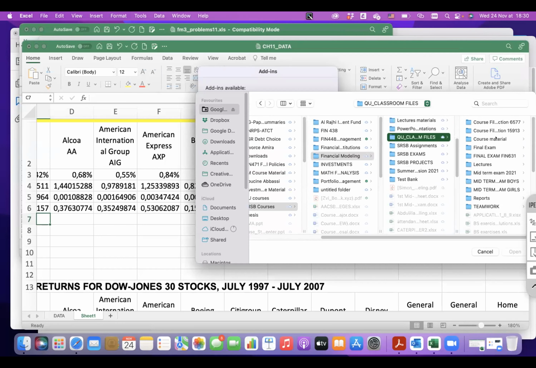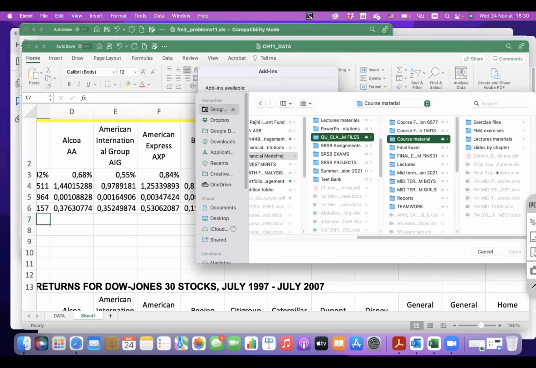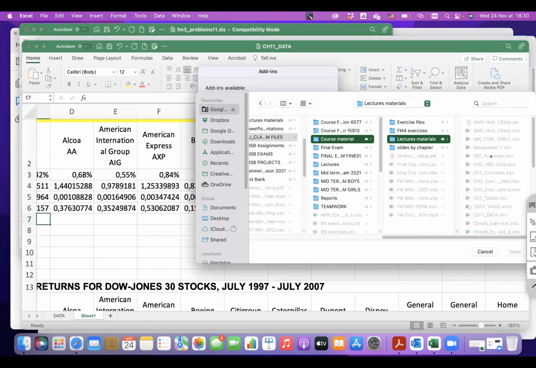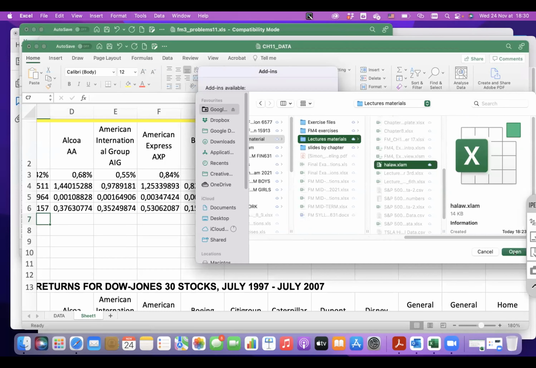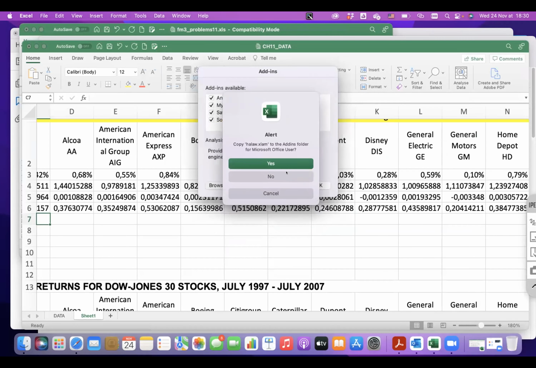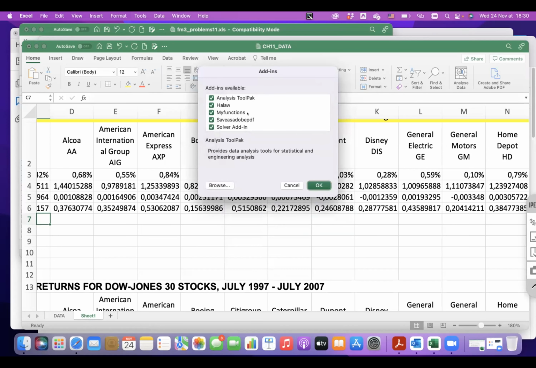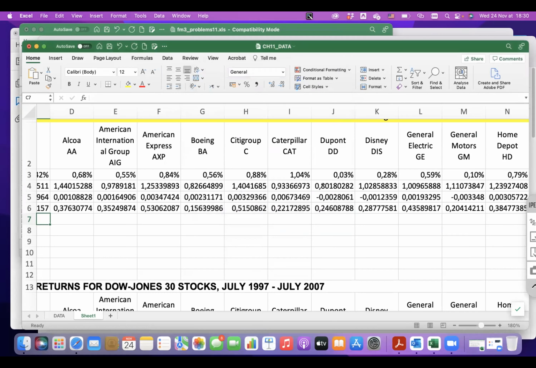Classroom files here. Course materials. Lecture materials. And you go where you have saved your file. Go see Hello here and open. And yes, see, now we have here Hello, which has been added to your add-ins file. Then click on OK.